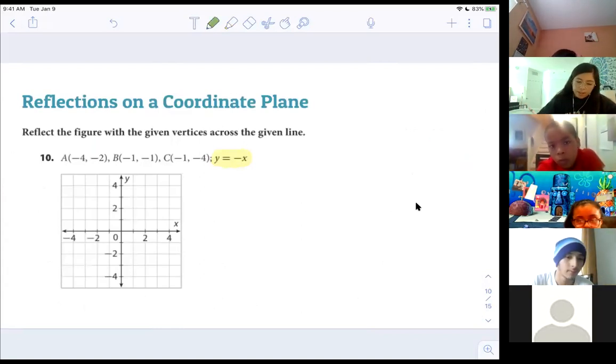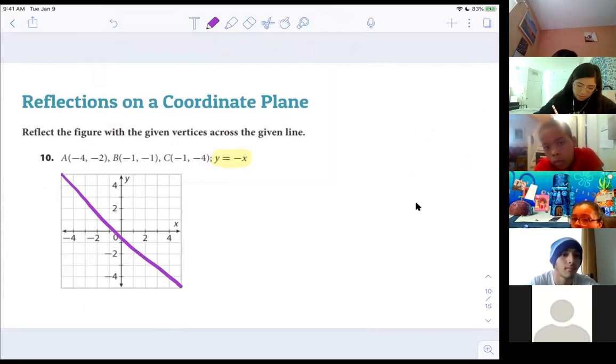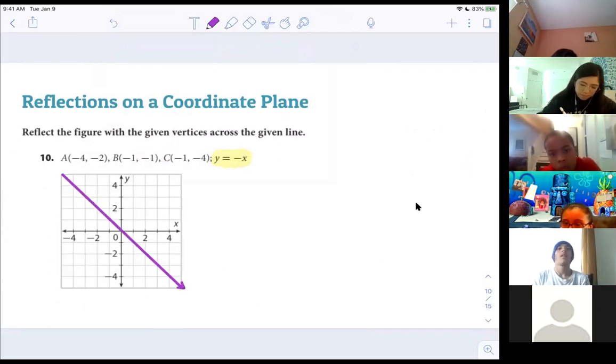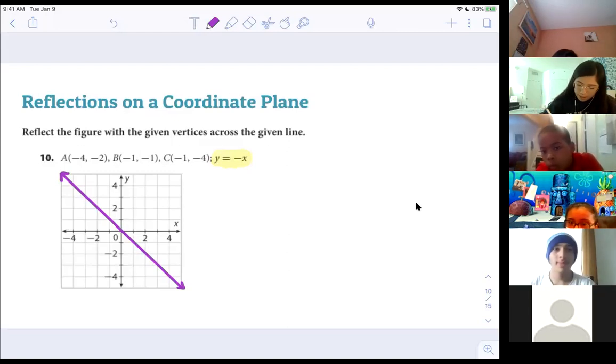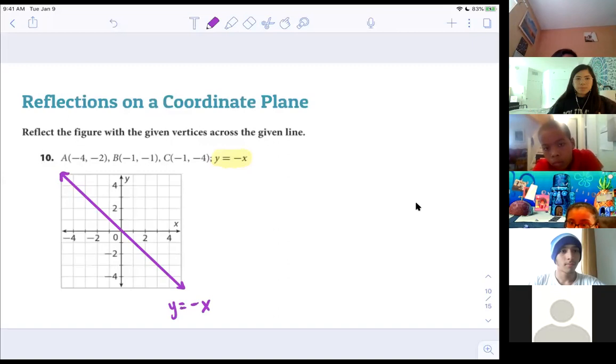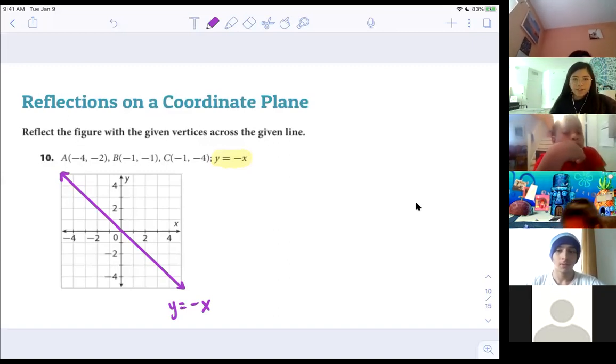So what that looks like is this. Let me draw straighter. There we go. So this is my y equals negative x. Instead of going up, it's going down. This is a negative slope, but it's the same exact idea. So let's see what happens.